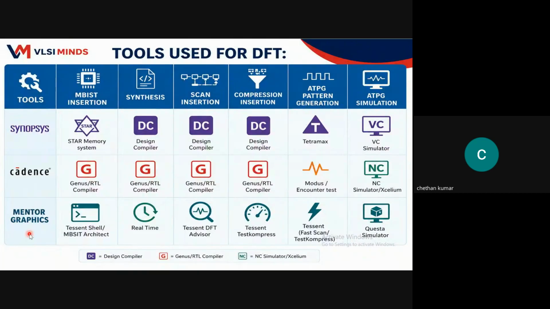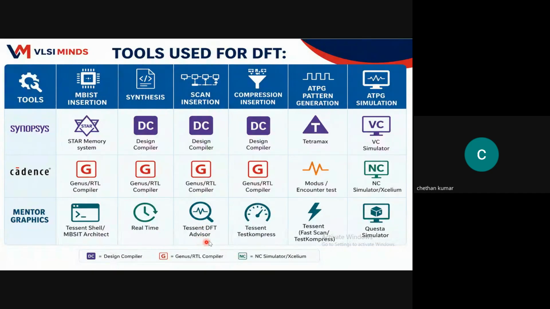And from Mentor Graphics, we use different tools for different operations. Tessent MBIST we use for MBIST insertion. Synthesis is usually done with either DC or Genus. Only those two are used in the industry as far as I know, so Mentor Graphics is very rarely used. I don't think they use it for synthesis.